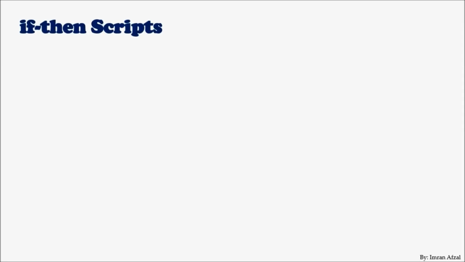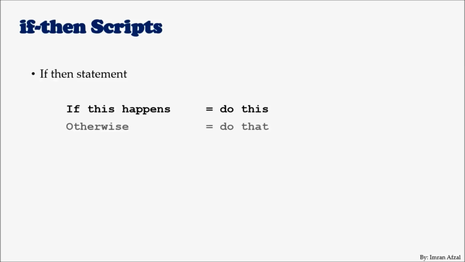If then scripts. Now you know how to write scripts. Now let's get into one step up. Some advanced scripts, some if then scripts. These are the scripts which will define some variables, and if those variables are met, then you could run those scripts. In an if then script statement, if this happens, do this.